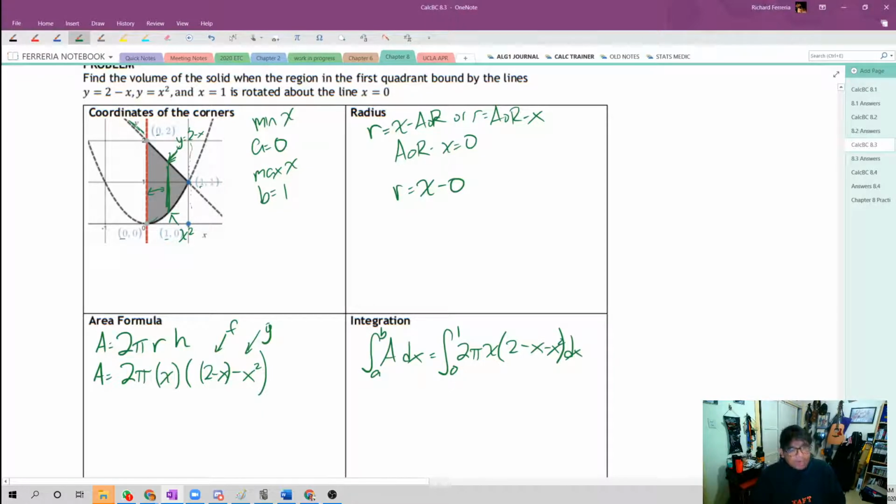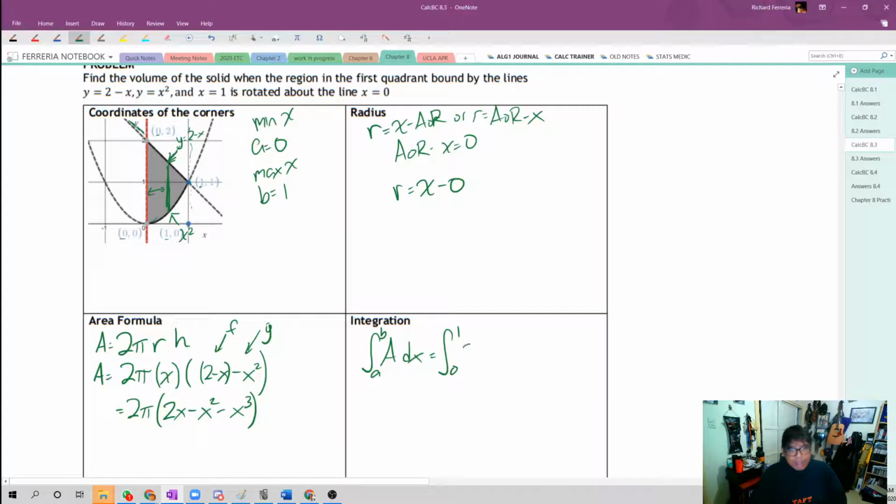Actually, here for the area formula, let's simplify this so we get things a little bit easier. And I'm going to pretend I didn't write that in there yet. Let's get our area formula. That's 2 pi times 2x minus x squared minus x cubed. That's everything put together.